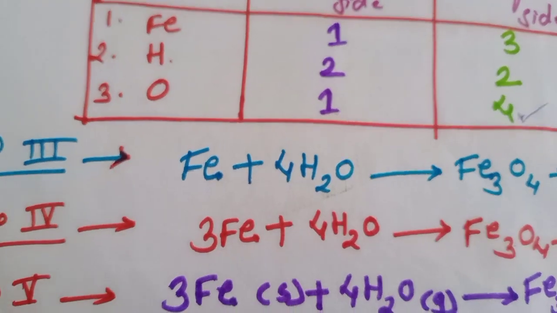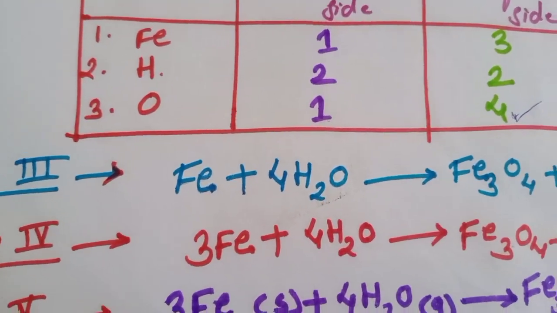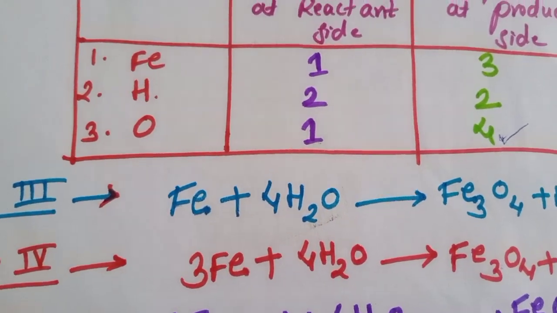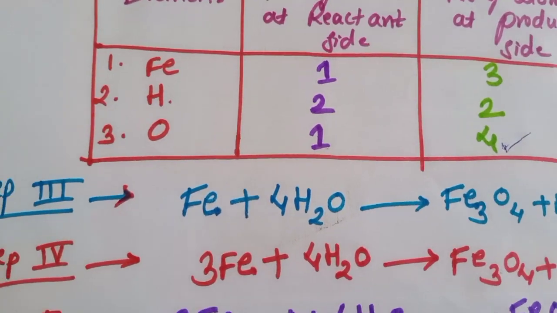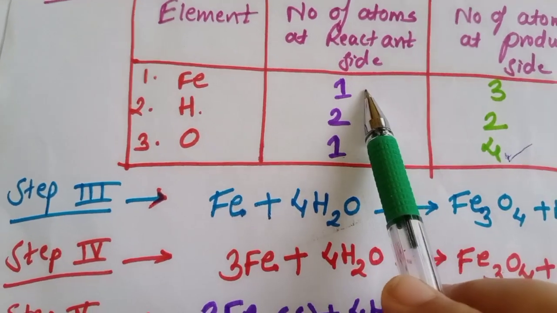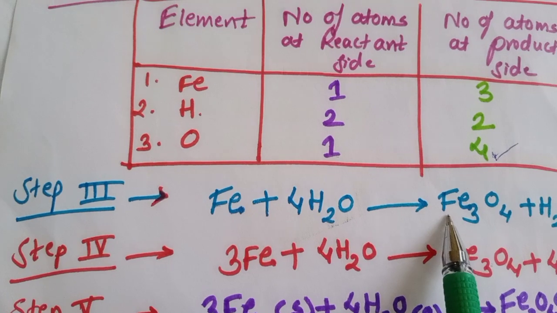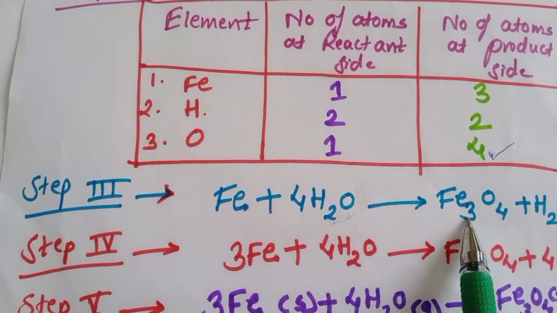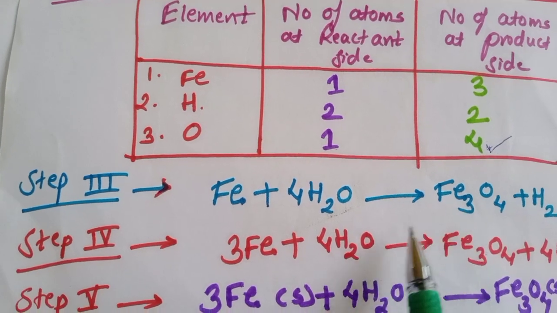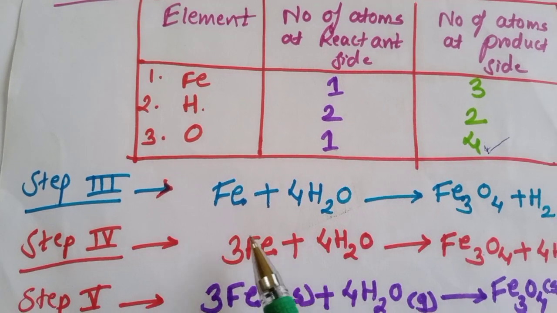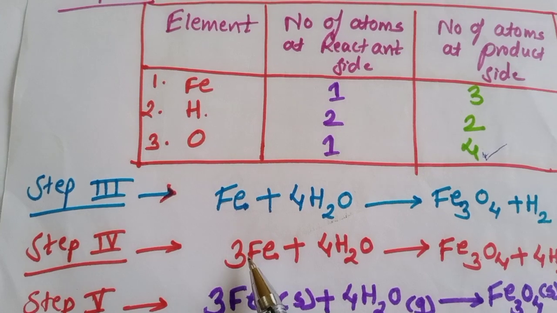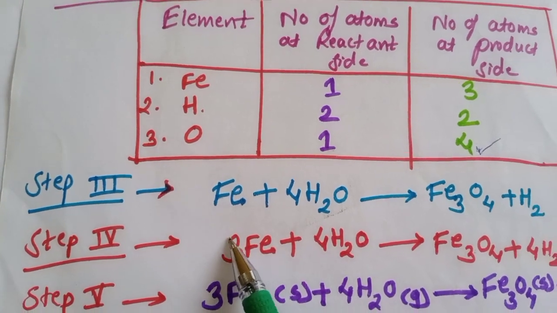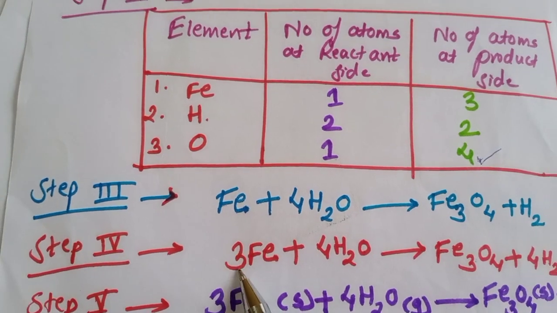Okay, so the fourth step is, as you know, on the left hand side, just check, iron atoms 1. Here at the product side we are having 3 iron atoms. So here you need 3 on the reactant side. So I'm writing 3 Fe.